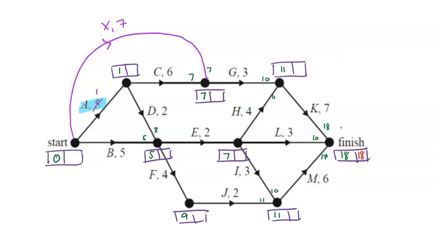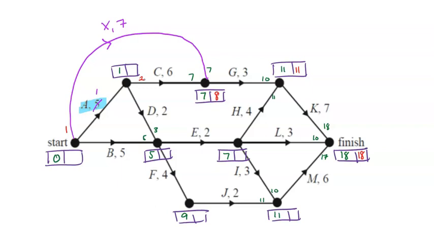If it is, A will be on our critical path. So moving backwards, G, 11 minus 3 gives us 8. So moving from here, X would have a late start time of 1. C, 8 minus 6, 2.